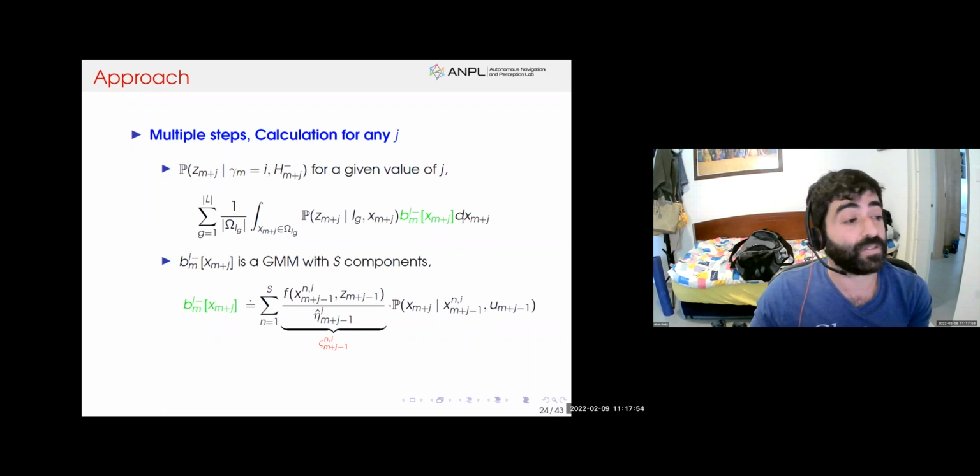In our work, in the thesis as well as in the article, where the full calculation is shown, we prove that this argument over here, b of I minus m, is actually a GMM component built from S components. The interesting part about this argument is that it's built from the predefined samples from the previous step of m plus j minus 1.